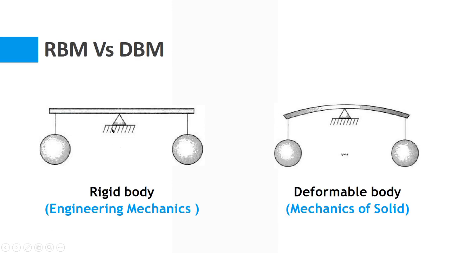Here you can see that in rigid body mechanics we don't consider any deformation inside the system, while in deformable body mechanics we include what deformations occur inside the system, and what stresses are induced because of these deformations.